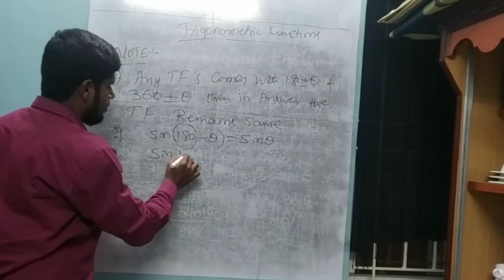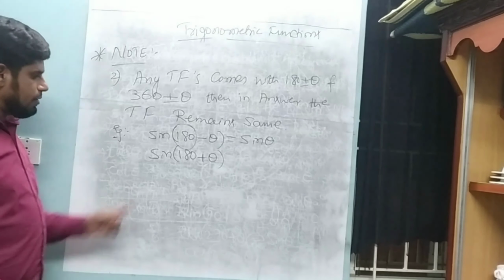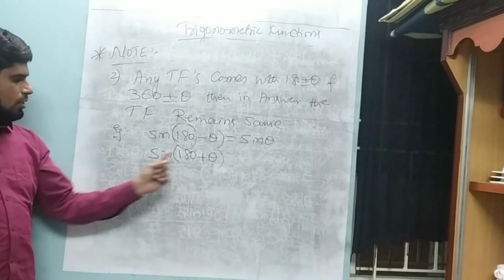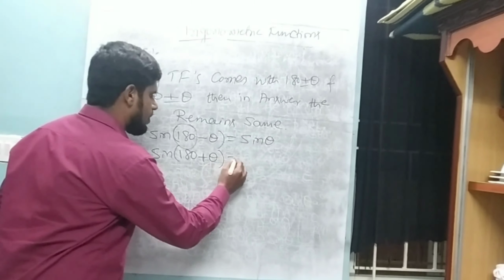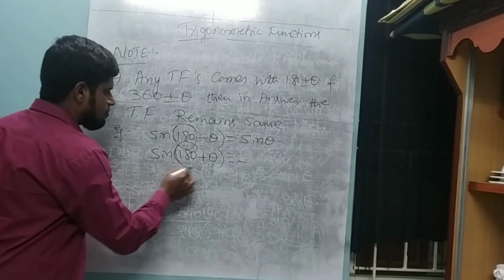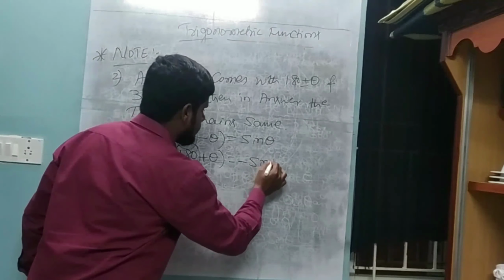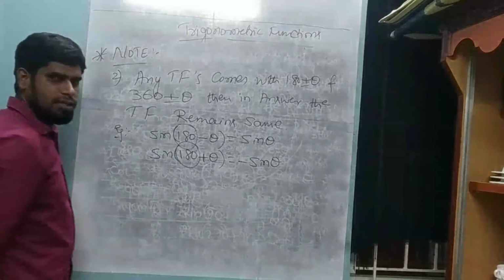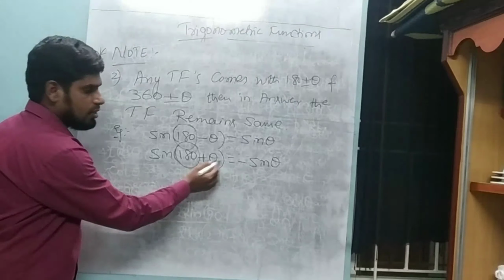Like sine 180 plus theta. 180 plus theta is in the third quadrant. In the third quadrant sine is negative, so there must be a negative. But because of this 180, sine remains sine only. So it is minus sine theta. And this 180 is a quadrant angle, so automatically it vanishes. Only whatever the standard angle exists here, theta, will come.